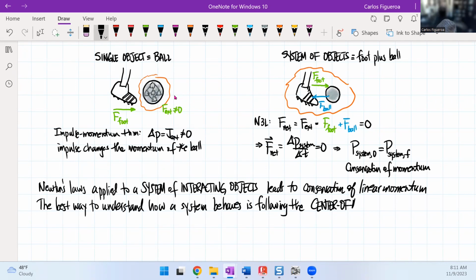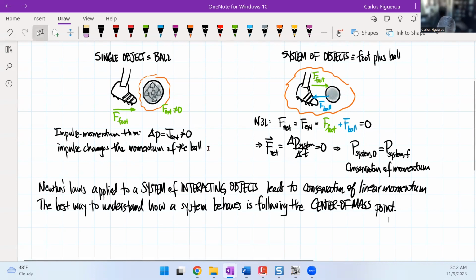And this is what we've been doing the whole time. If we looked at motion, we looked at the center of mass point. If we look at Newton's second law and all those things, it was about the center of mass point. But now we have a system.